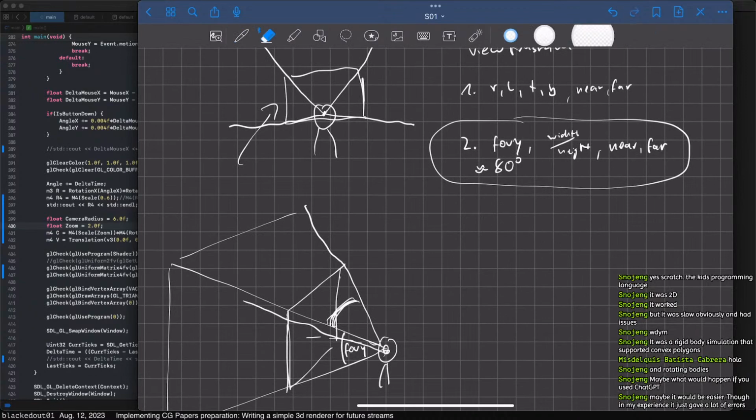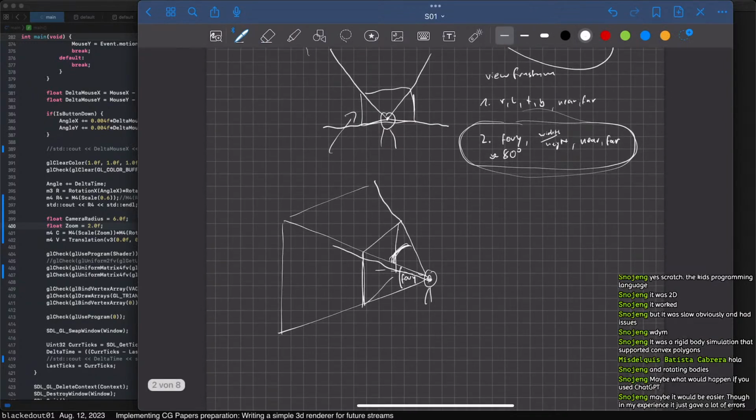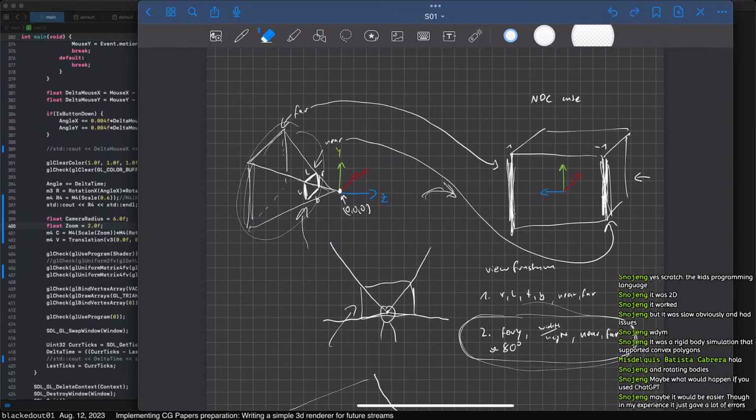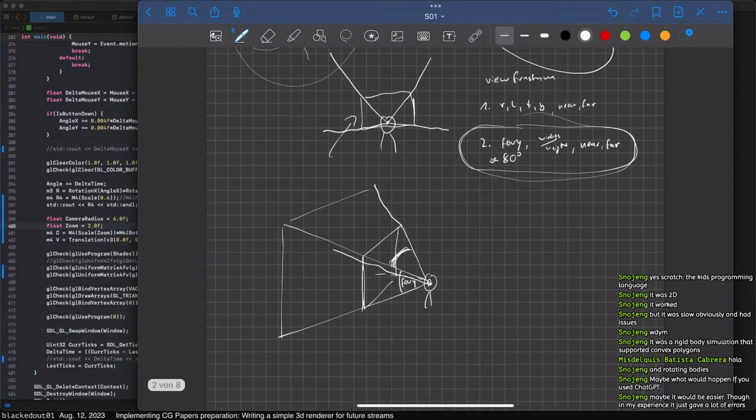So now that we know how our view frustum is defined, we can take a look how we can convert this description here into this description. And that's a bit tricky.